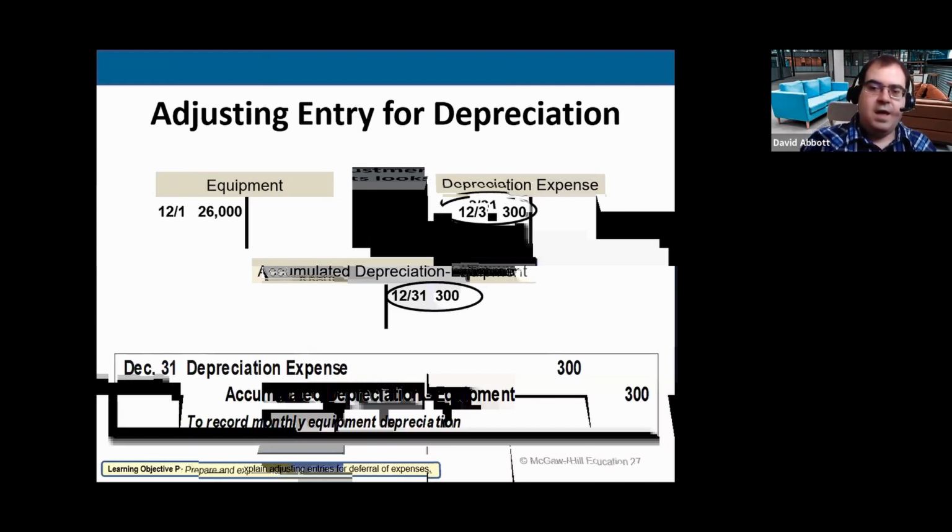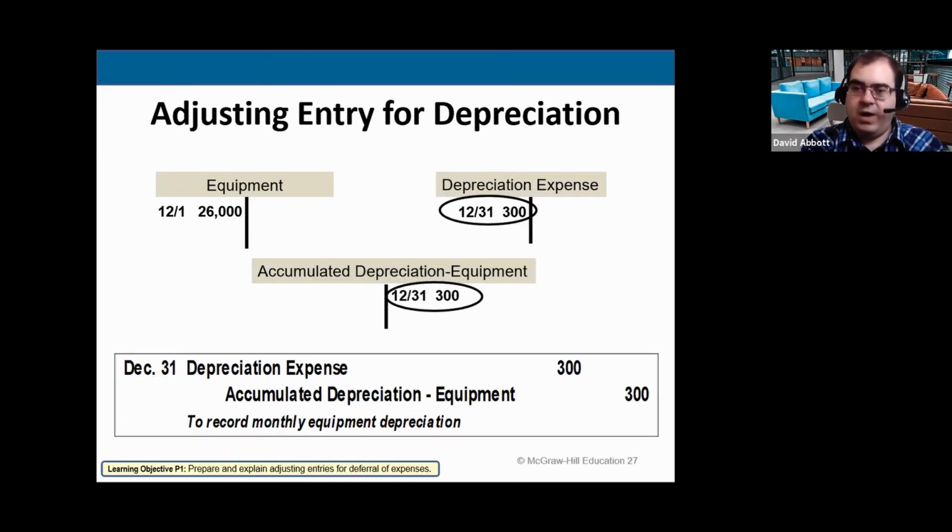And so again, when we write our journal entry, it would look like this. December 31st, depreciation expense, $300, and accumulated depreciation of equipment for $300, and that records the monthly equipment depreciation. Now again, just a note, accumulated depreciation is a contra asset account.